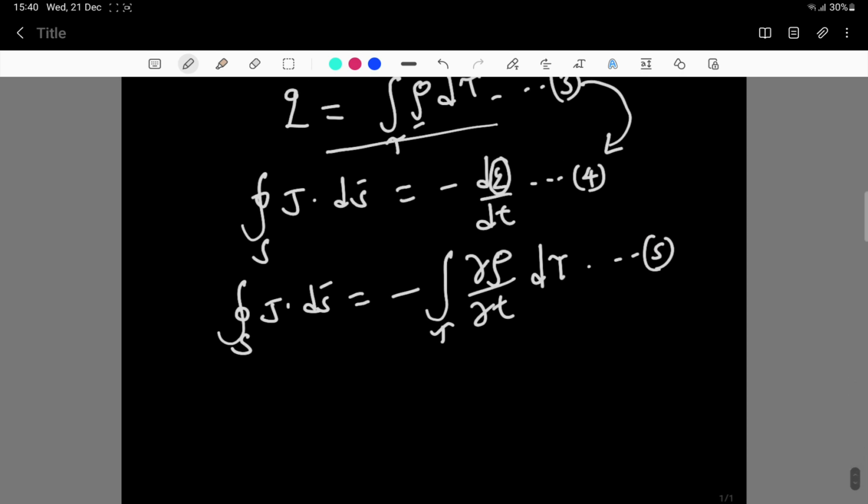From Gauss's divergence theorem, which relates the surface integral of a vector function, say A, to its volume integral.